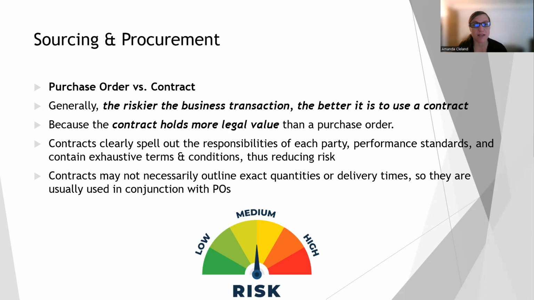Contracts do not necessarily outline exact quantities or delivery times, so those granular details are sometimes not included in the contract. So usually contracts are used in conjunction with purchase orders. That is very common, that if a contract is used, it is usually also used in conjunction with a purchase order.